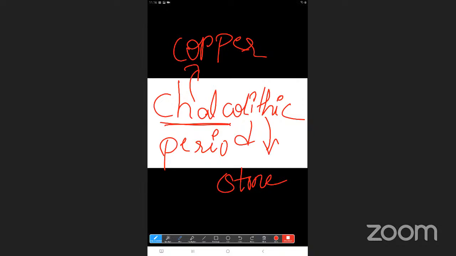So first of all, they used stone. From that, they shifted to copper. So from the stone age they shifted to the copper age. After that, they used iron, which is stronger than copper. They shifted from copper to iron.